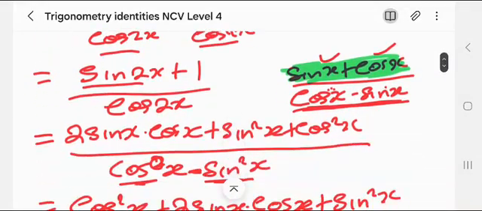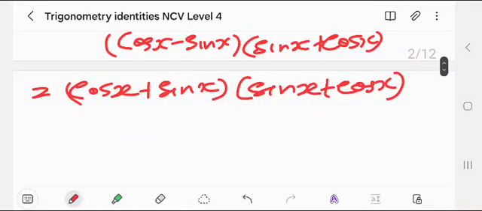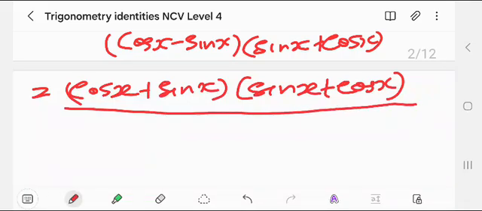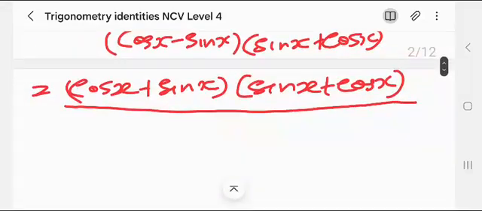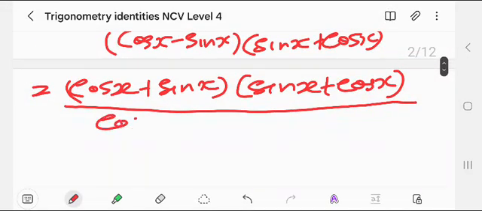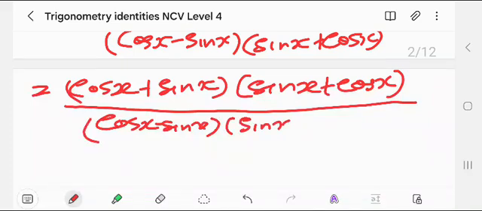We have plus, we have this. Now we're on the right track. We divide by what we have, the difference of two squares. Here we have our difference of two squares, cos x minus sine x, into sine x plus cos x, but this will cancel with one of that.